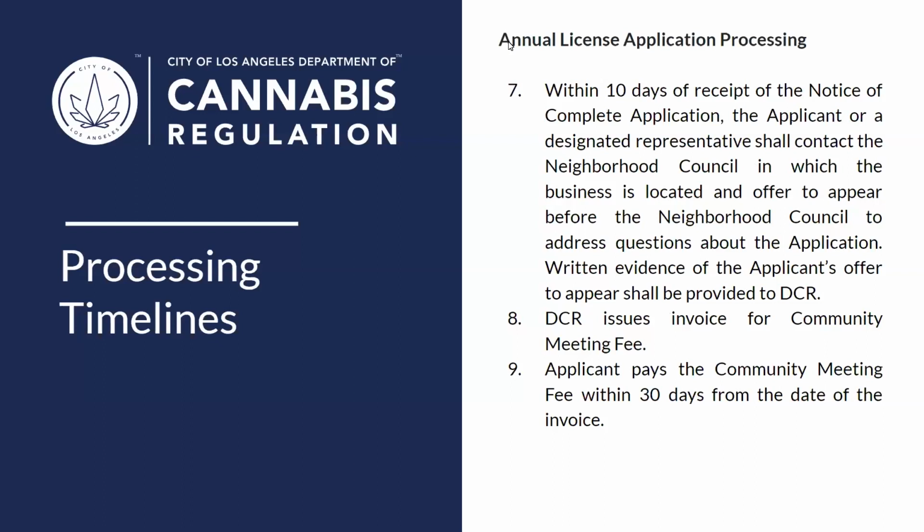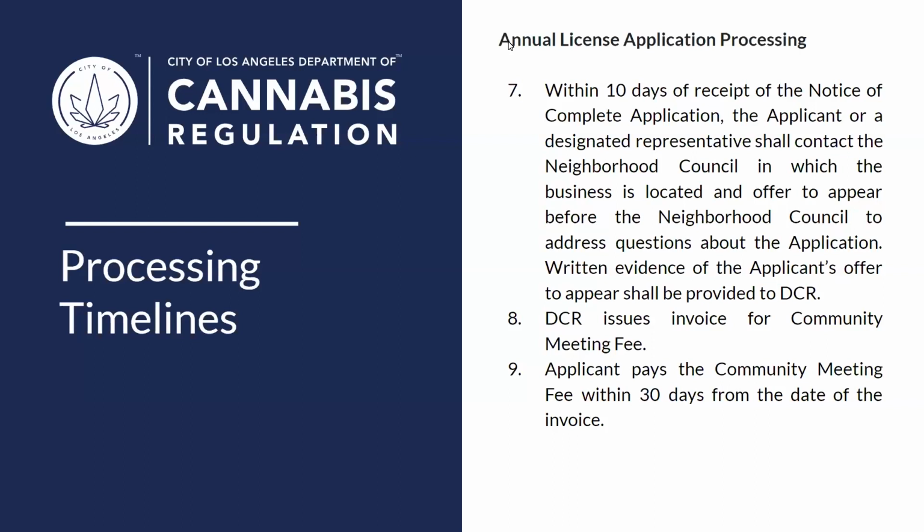Within 10 days of the receipt of a notice of complete application, the applicant or their designated representative needs to reach out to their neighborhood council and offer to appear before the neighborhood council to address any questions about their specific application. The applicant or their designee will need to provide written evidence of the offer to appear to DCR.